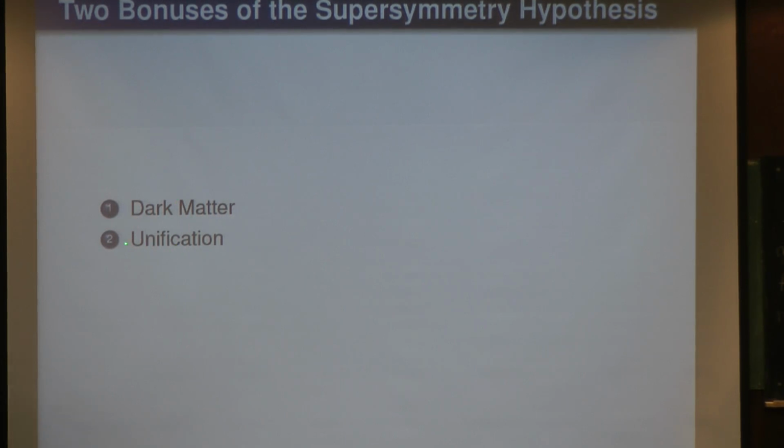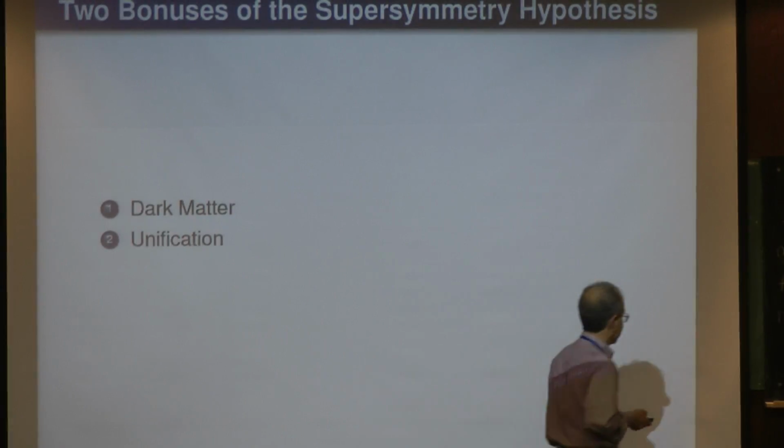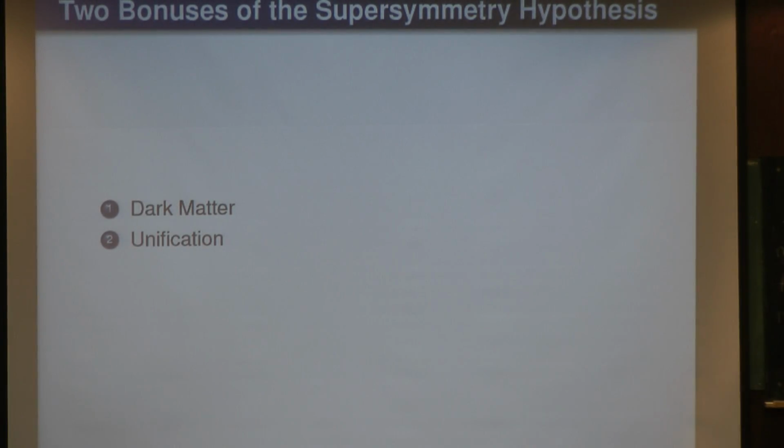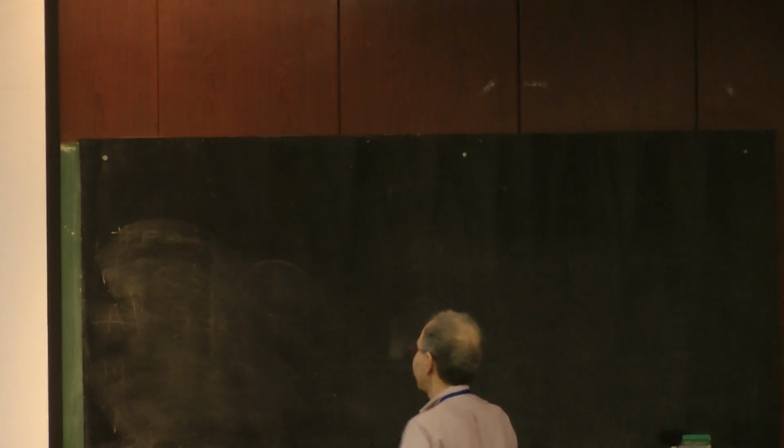But another bonus is coupling constant unification. And you've all heard about this. And if you have never done the exercise, you should go home and do it. So let me just tell you what you have to do to study unification of couplings. I don't know in what form you've learned or you like to write the solutions of the renormalization group equations for a gauge theory, but I like to write them in the following way.